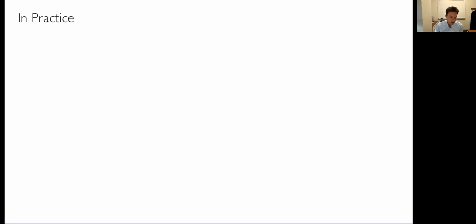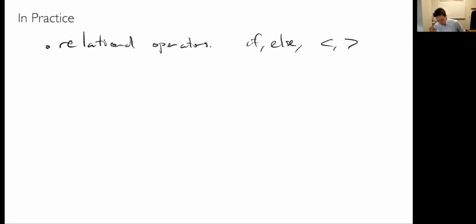Some things we do have to do, like if we have relational operators, like if, else, less than, greater than, those are just control flow, right? We want to hit the same sections of the code that we would have otherwise. Putting in complex numbers, we don't want that to change.